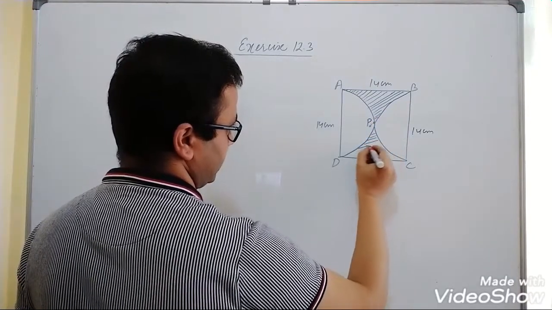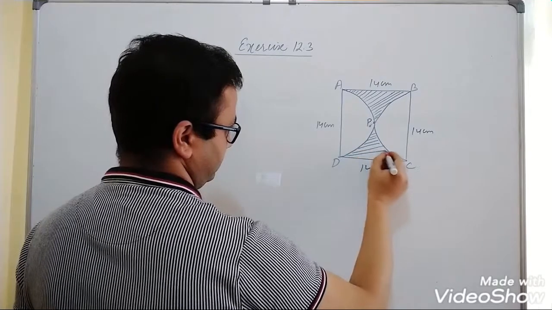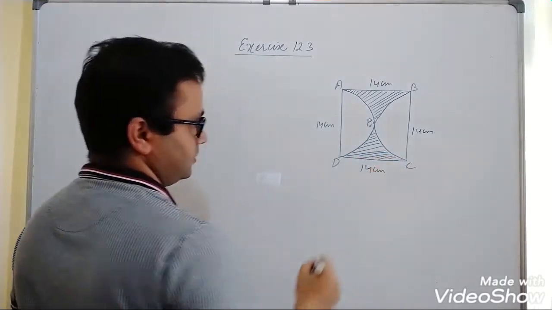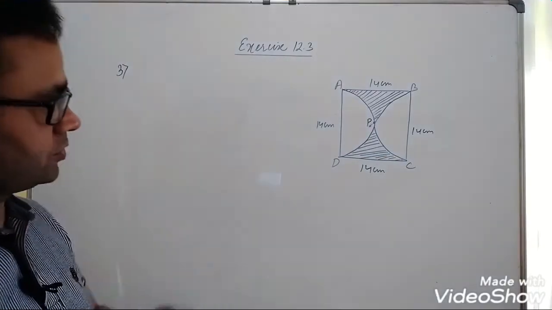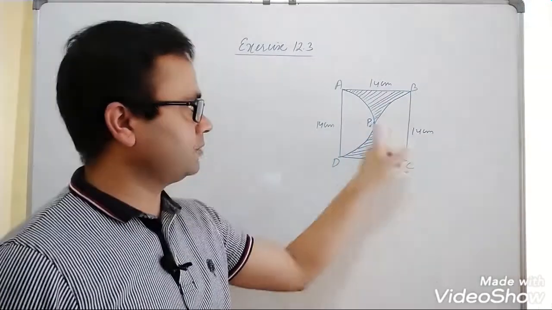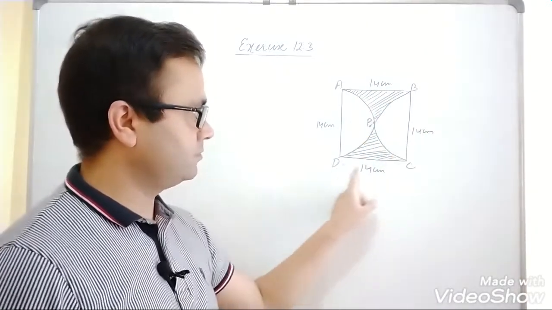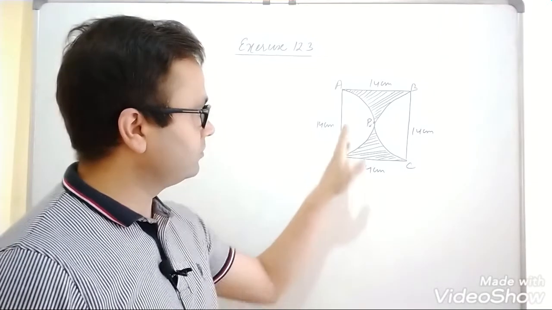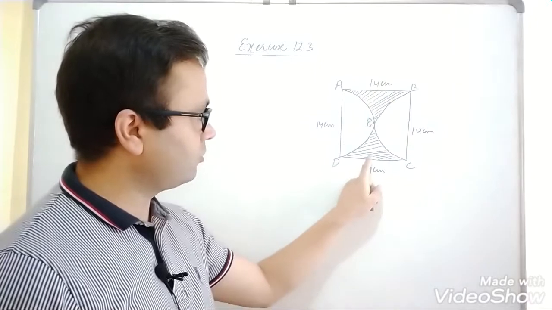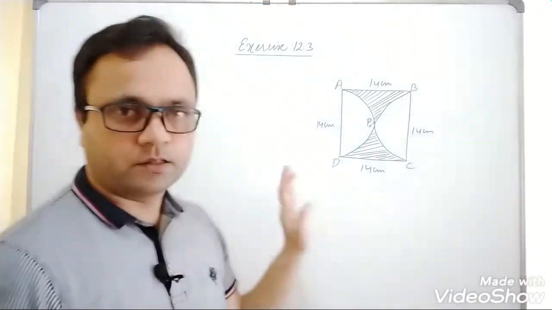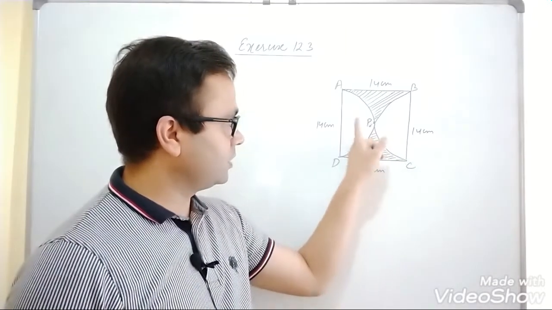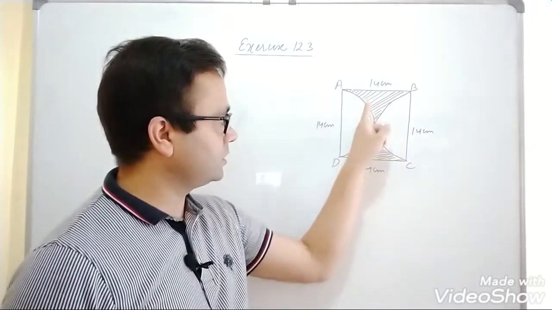For calculating the shaded region, we must subtract the area of two semicircles from the area of the square. If you remove the two semicircles from the square, you will get only the shaded region.